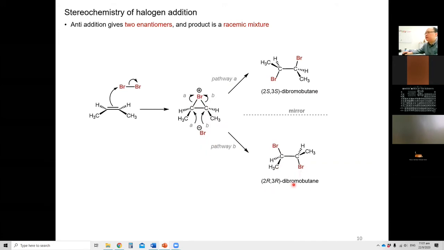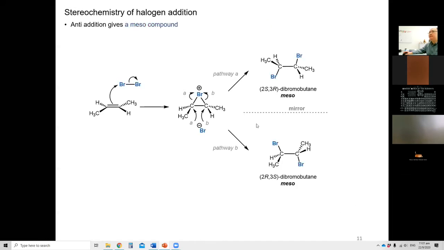So this is 2R,3R dibromobutane. Okay, so what's the relationship between the two? They are enantiomers. You have 2S,3S and 2R,3R. So the addition of bromine to a cis alkene with two same groups will give a pair of enantiomers. Okay, so how about the trans alkene?